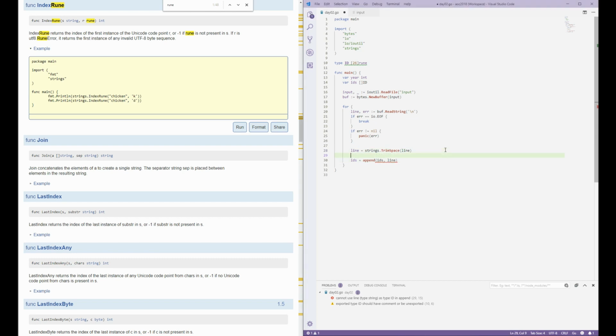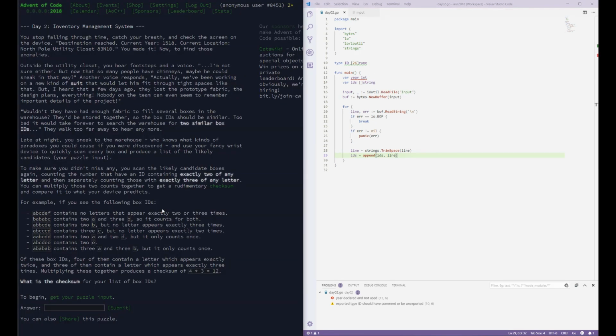So let's create a new ID. Is there any point of even using that? Let's just go with string. Year is not used. Year is not even relevant.